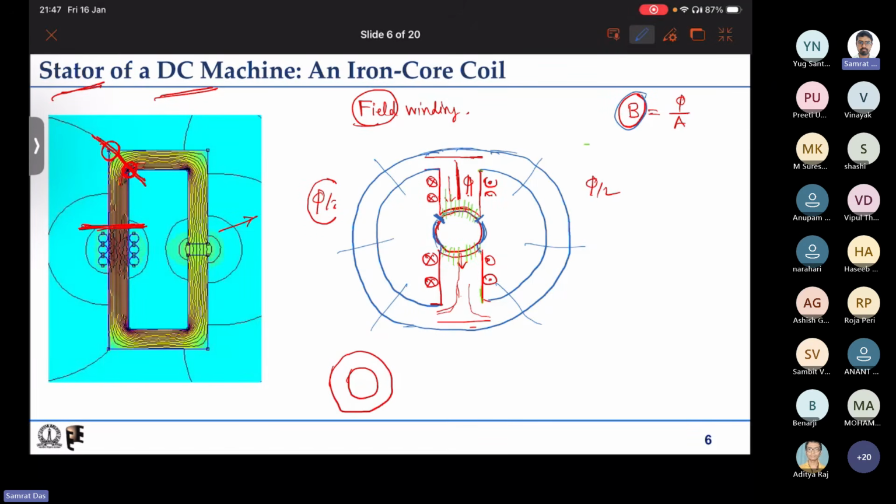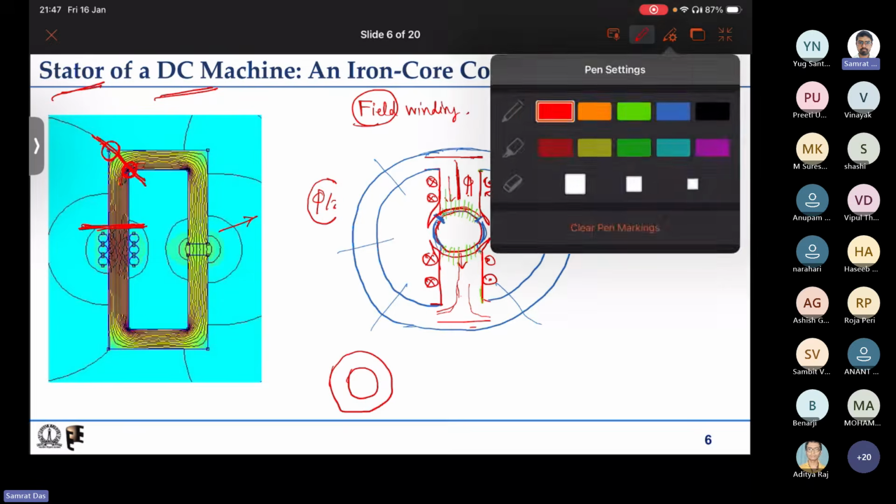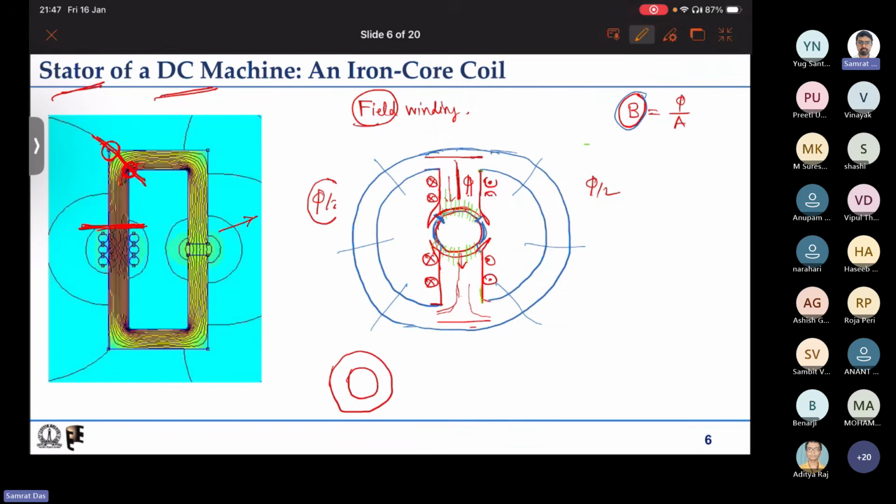But if we want to reduce the zero flux density region, then we can also extend the poles on both sides, right? Then we can have almost uniform flux density over a greater theta, or a higher theta value.